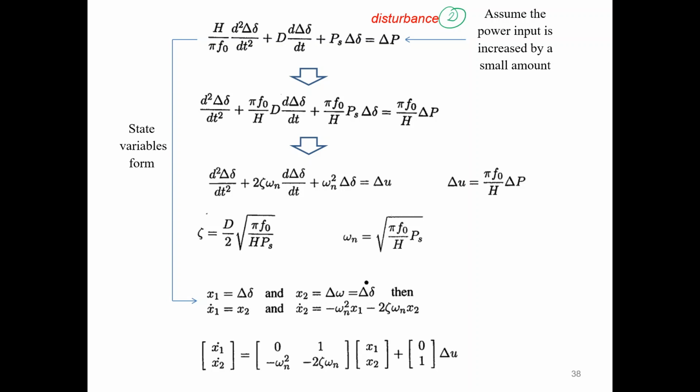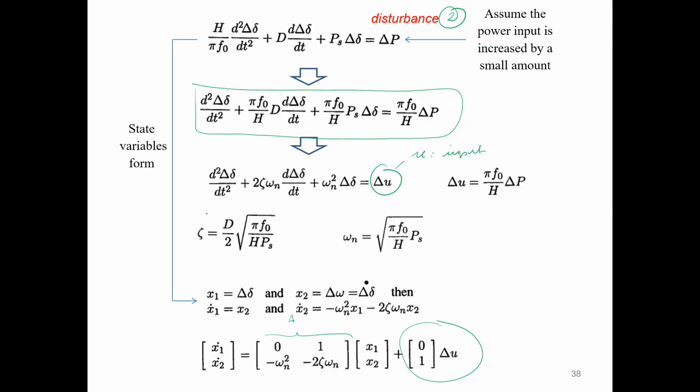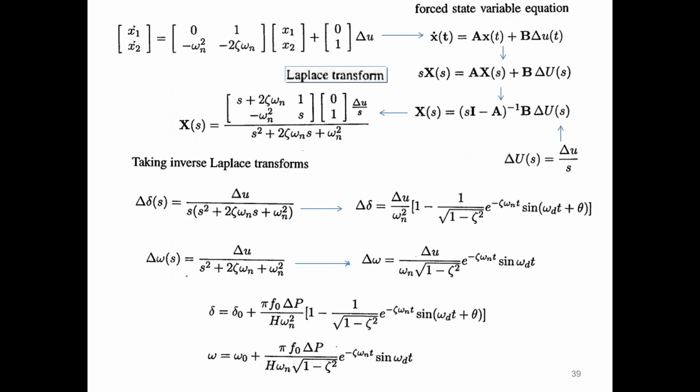You can see we have introduced the term delta U, because U is input. Remember, U is input in the state space representation. Now you introduce the change to this equation. That's why we have to include this delta U in the state equation. You see that the A part remains the same, and we introduce the delta U.